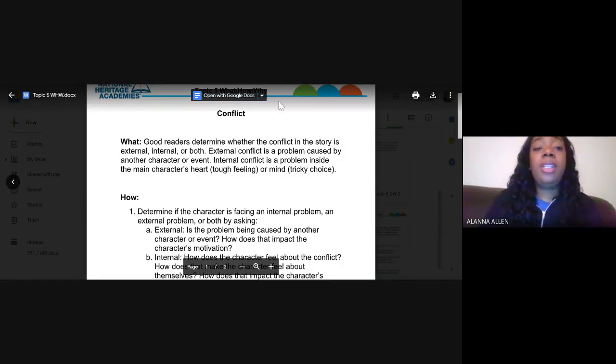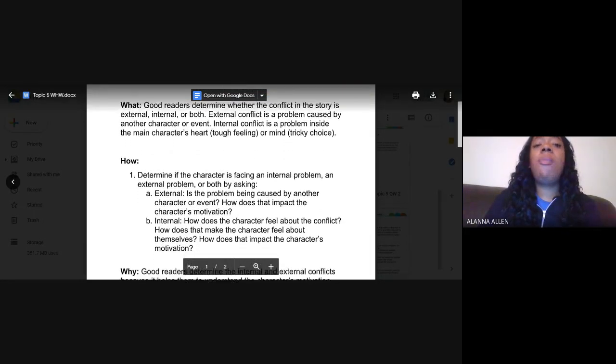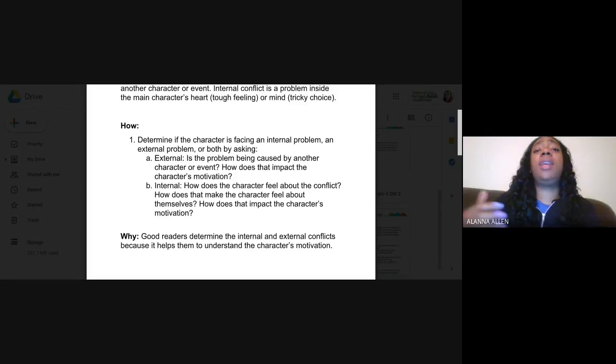So number one thing you want to do is determine if the character is facing an internal problem, an external problem, or both by asking A, external. Is the problem being caused by another character or event? How does the conflict impact the character's motivation? So therefore, how does this conflict affect the story?